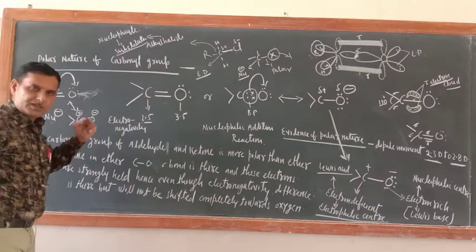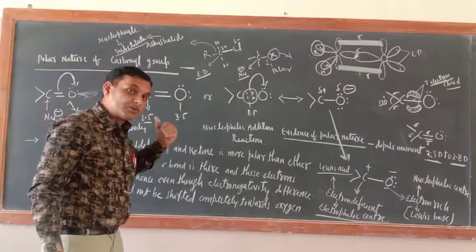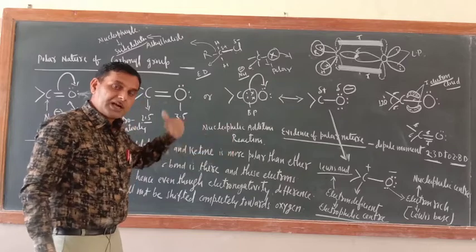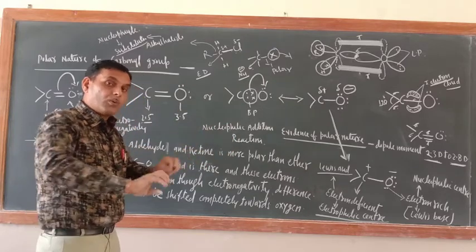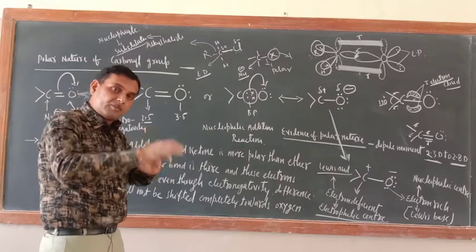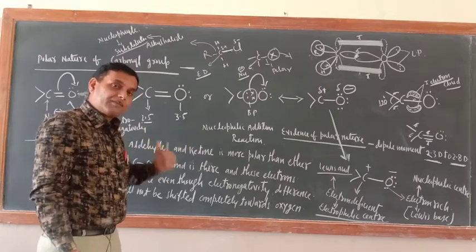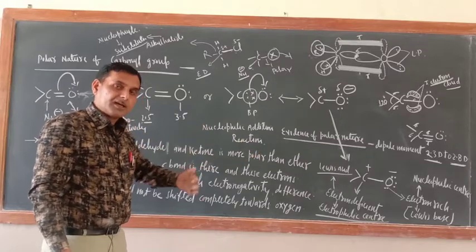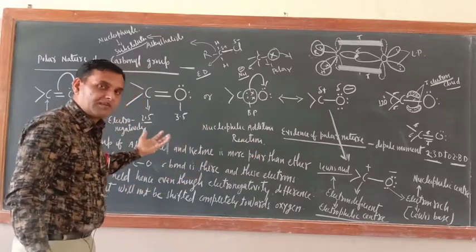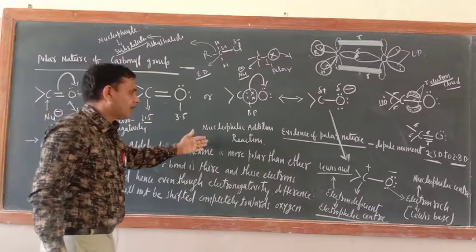Substitution means one has to go out of the compound; addition means nothing has to come out, only internal arrangement is there. One bond pair of electrons will be shifted from the carbon side to the oxygen side, one valency of carbon will be left free, and now the nucleophile will attack.